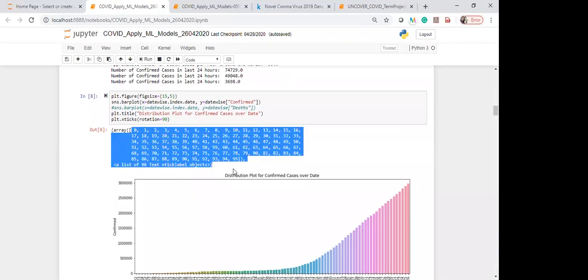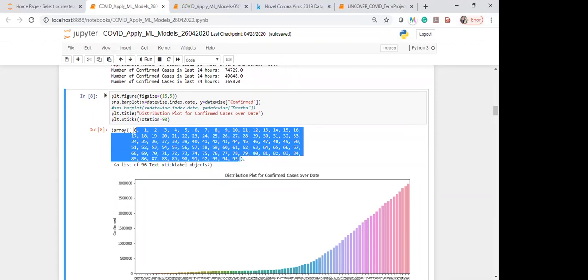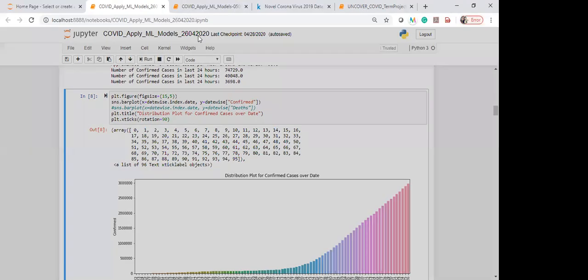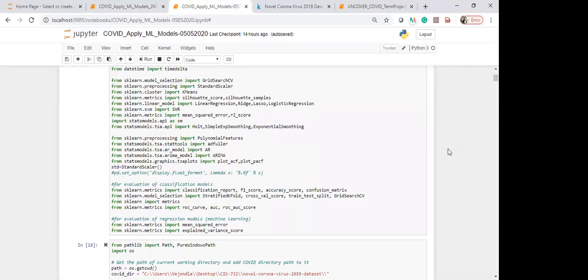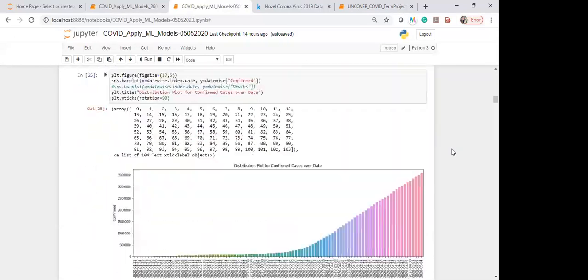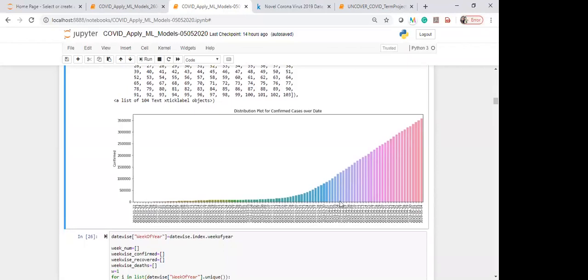The approach I've chosen is to calculate the number of days since the pandemic was announced as a global pandemic, and I think it's 90. Oh, I think I'm showing the old file. Let me come to yesterday's file. Oh yeah, so we have 103 days until today, and this is a pattern of confirmed cases over the date.